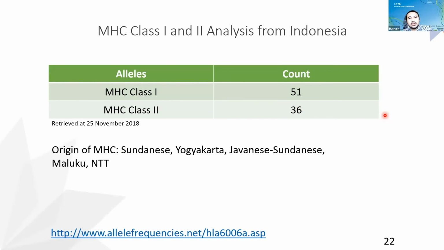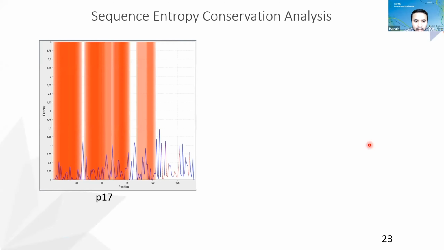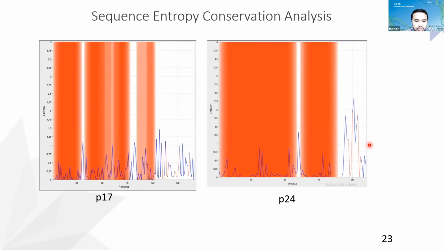Then we tried to map them to MHC class 1 and class 2 from Indonesia, and we got the origin of MHCs from Sundanese, Yogyakarta, Javanese, Maluku, and also Nusa Tenggara Timur. From the sequence entropy analysis, as you can see, the red color shows that the entropy is quite low for some regions in P17 and P24.